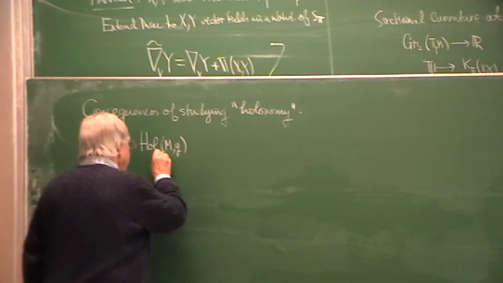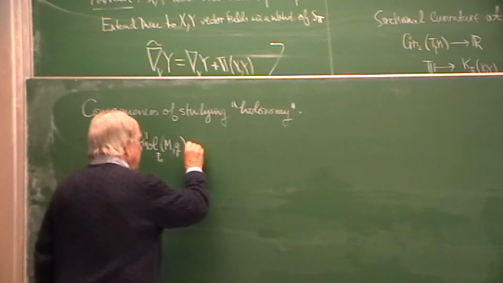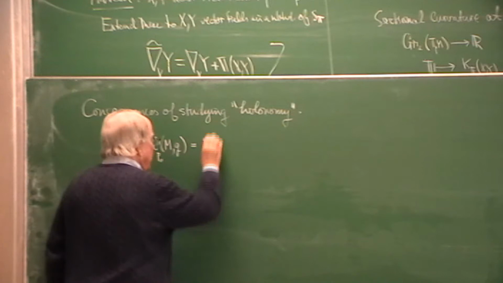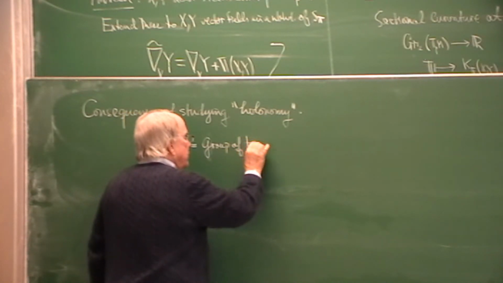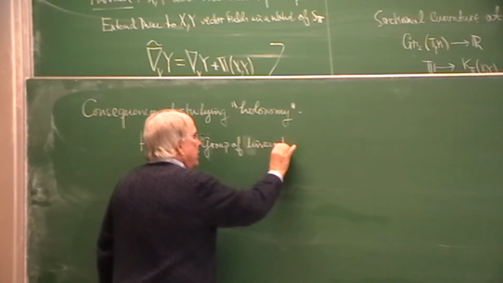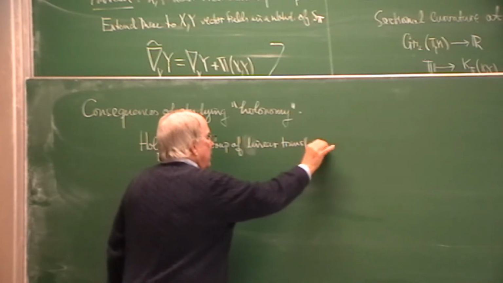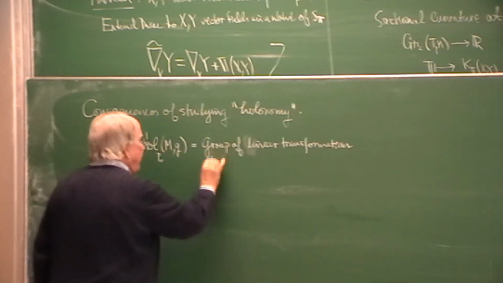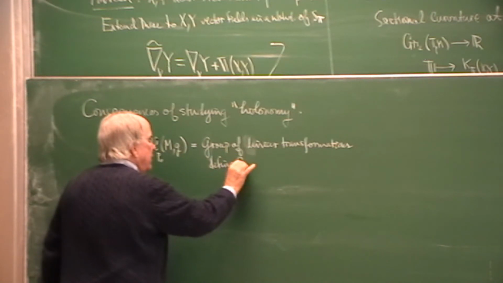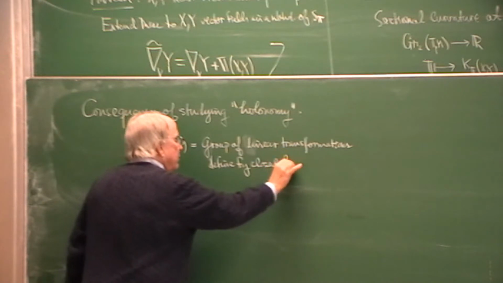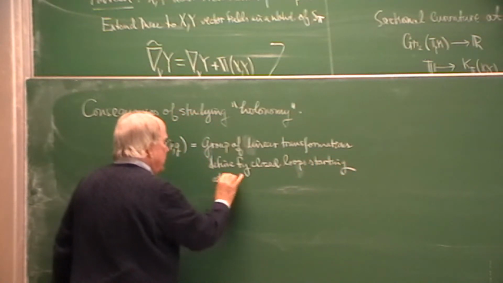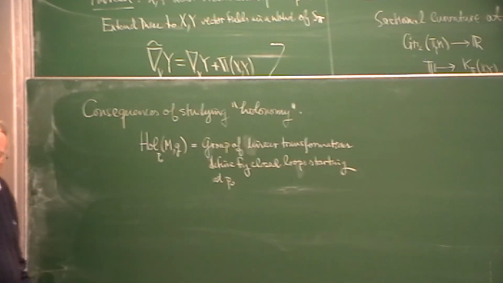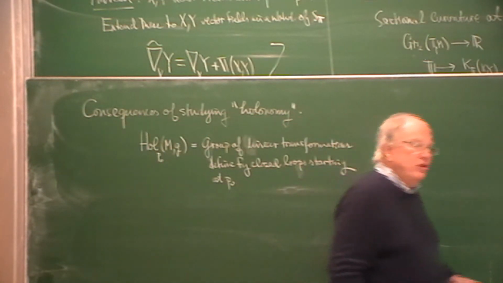Maybe I should put the base point here, P0. It equals the group of linear transformations defined by closed loops starting at P0. I don't need to write that down, do I? It's completely clear. Now, this, you see, is a curvature invariant.